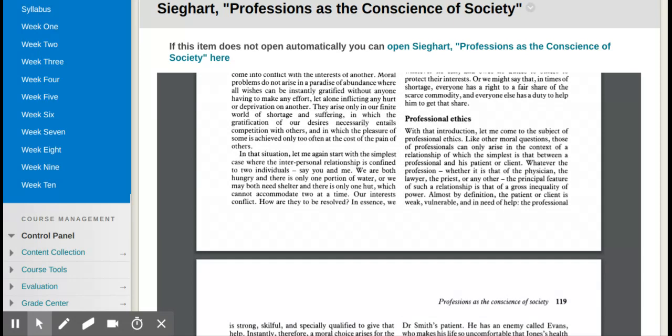And because of the special nature of that relationship, the professional is always expected to act altruistically when it comes to the client. And that is founded presumably on what he calls the vast inequality of power, or the gross inequality of power between the professional and the client. The professional has every opportunity to take advantage of the client because of their position.